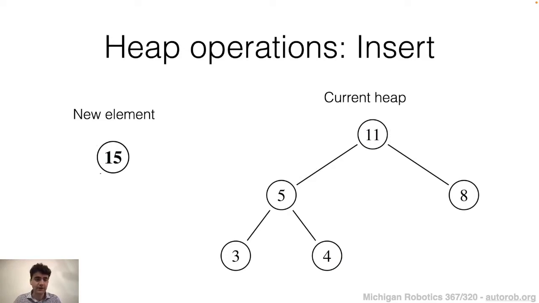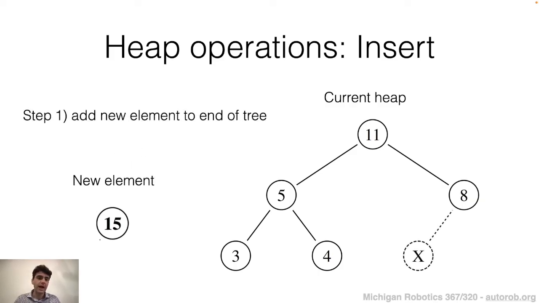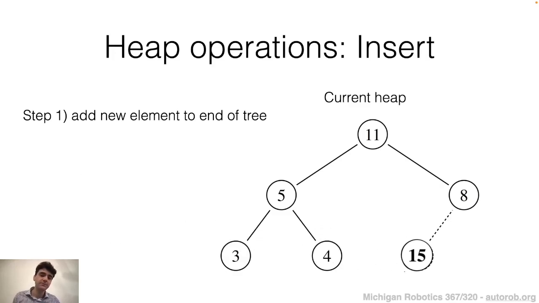So let's say that we have this new element with a value of 15, and we want to insert it onto the current heap as shown on the right-hand side as a tree. So the process is, first, we add the new element to the end of the tree. To the very end position of the tree, we insert this new element.